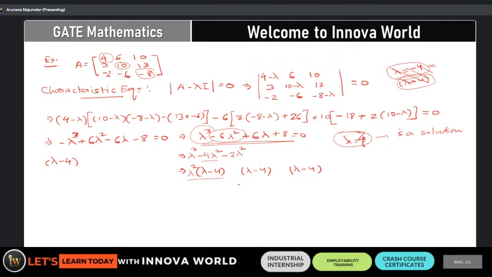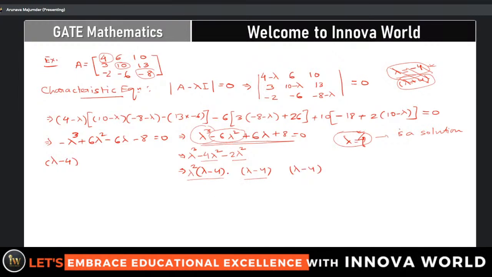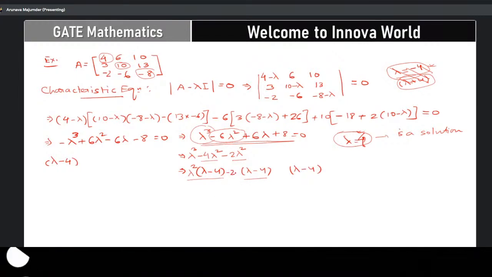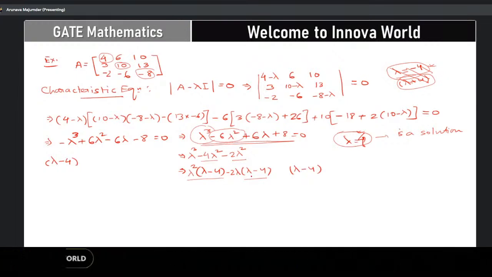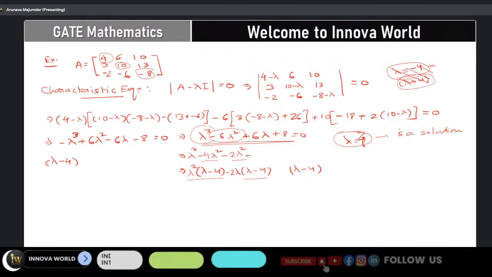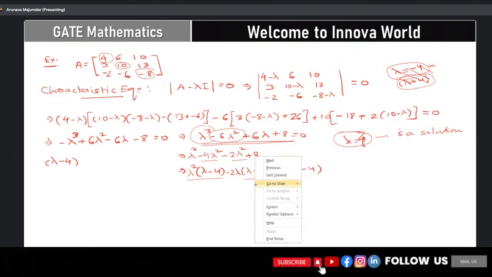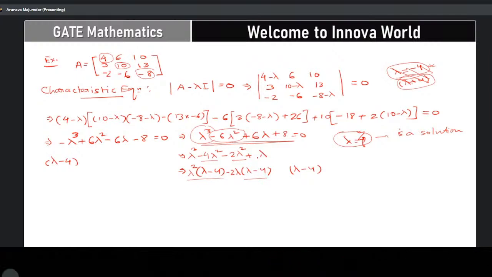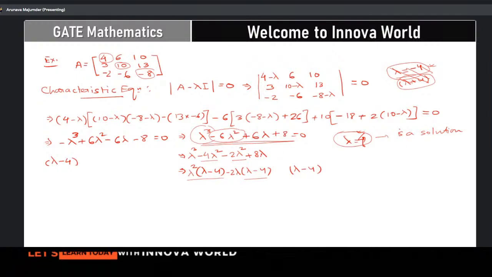Now I balance this part with the third equation. So minus 2 lambda, giving minus 2 lambda square, and in the next step, minus minus plus, 2 into 4, it means 8 lambda, right?